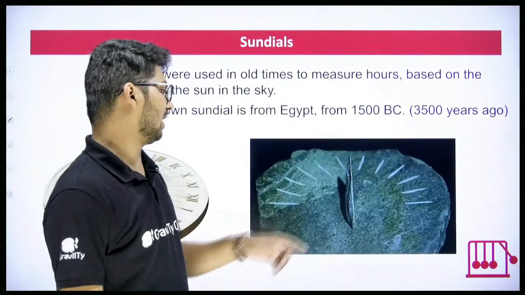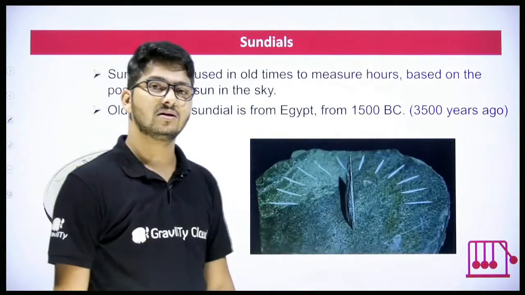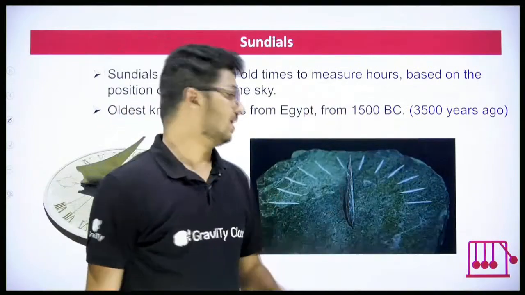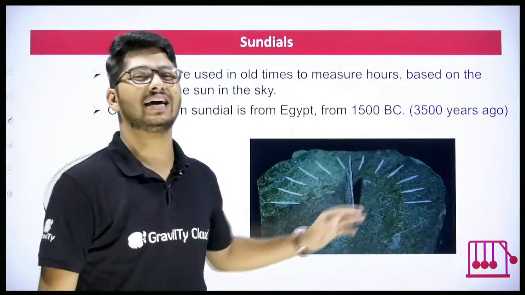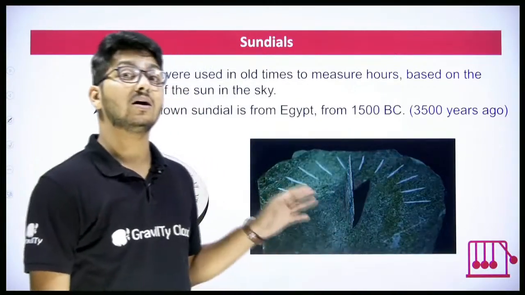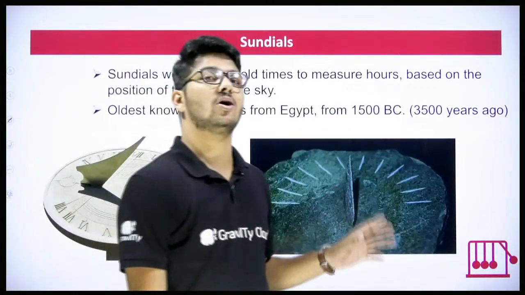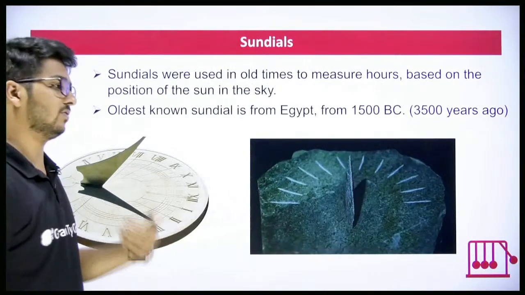Can you see the shadow of the sun changing here? Yes. So as the sun moves, the shadow moves. And as the shadow moves, we can say what time it is. So this is called a sundial. It makes use of sunlight. It's a very simple one.